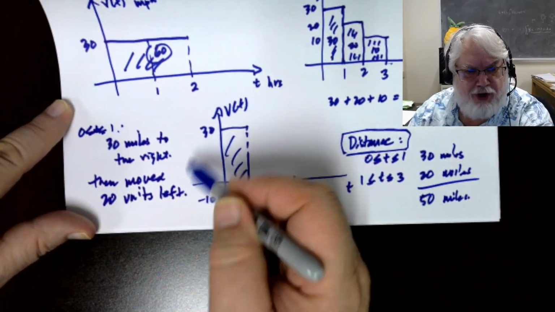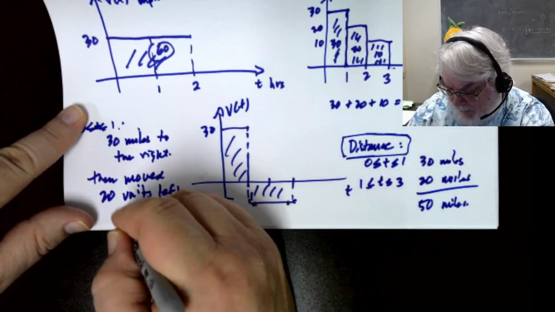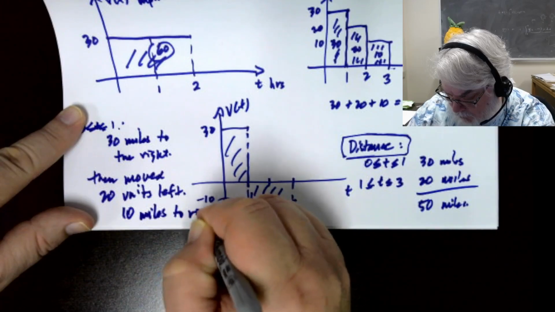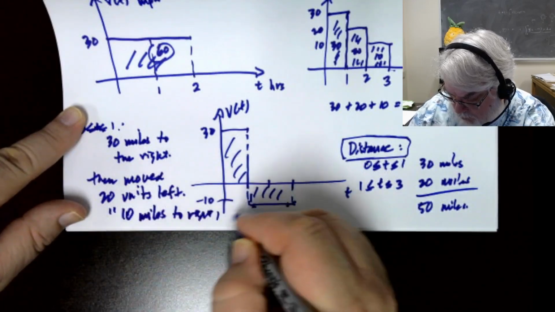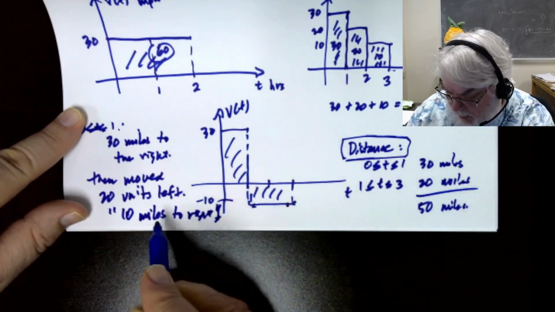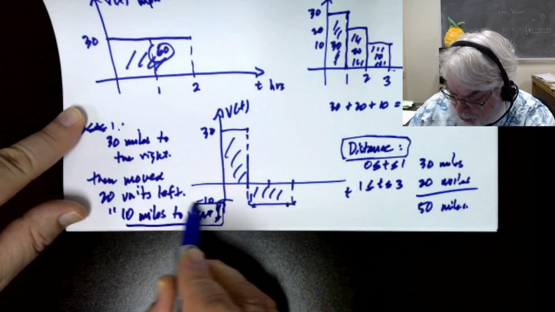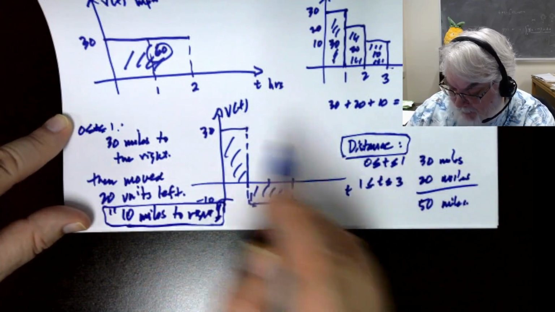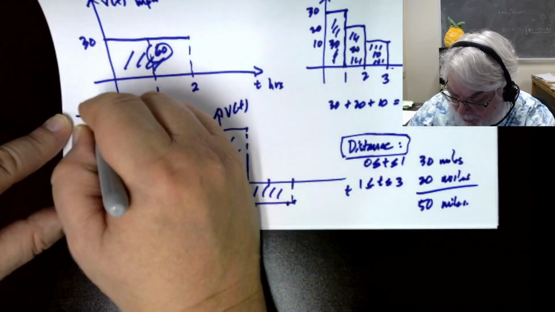So where are you in your position? You're at 10 miles to the right. So this is your ending position, or your displacement. And this is the difference between distance, and this computation here is displacement.